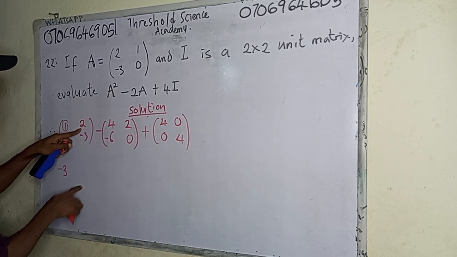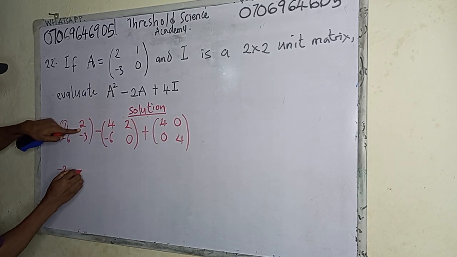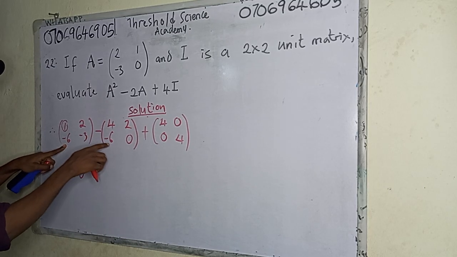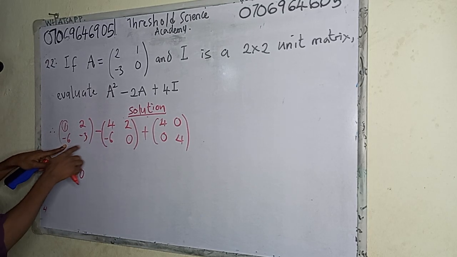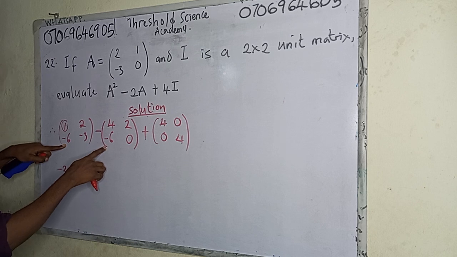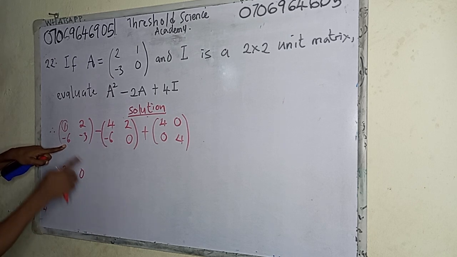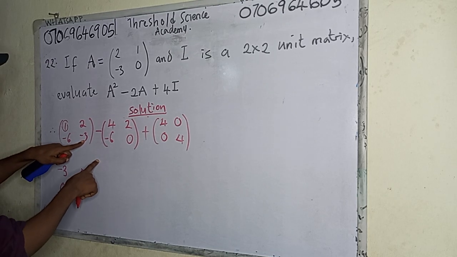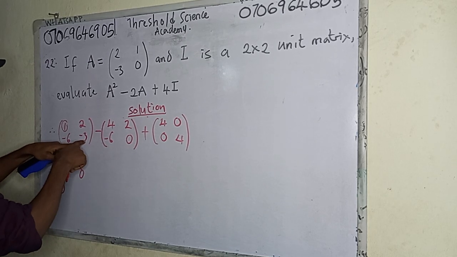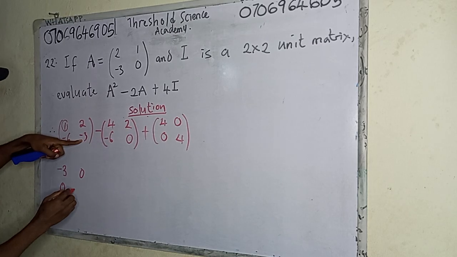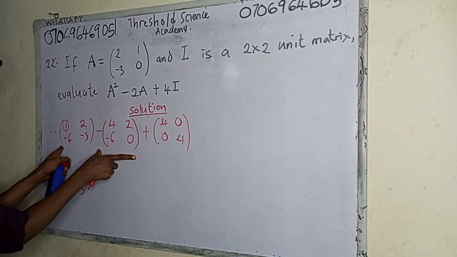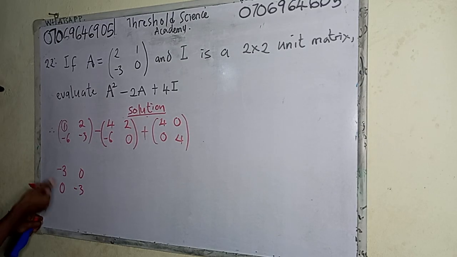Then 2 minus 2, that's 0. Then minus 6 minus minus 6, that's minus 6 plus 6, which gives 0. Then minus 3 minus 0 is minus 3. So this is what these two come out to be.